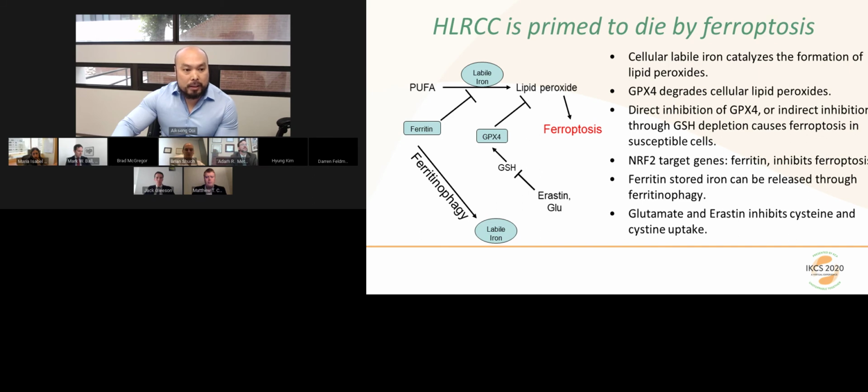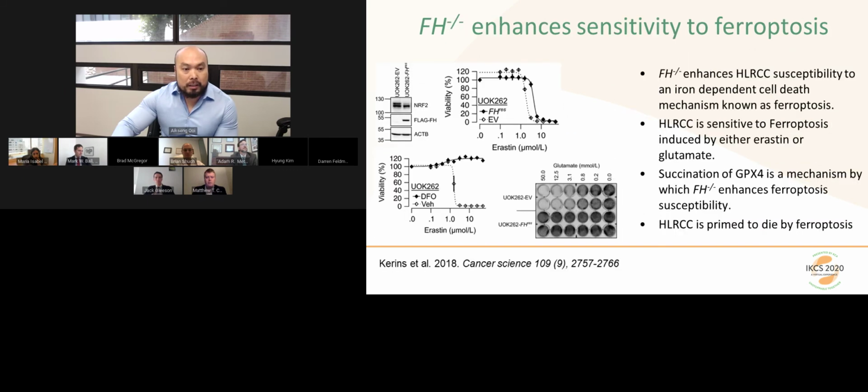Now, as I mentioned earlier, HLRCC expresses a high level of ferritin, so if we can induce ferritinophagy, we can actually promote ferroptosis. So this is just a slide to show you what we did: we rescued the fumarate hydratase in the HLRCC cell.